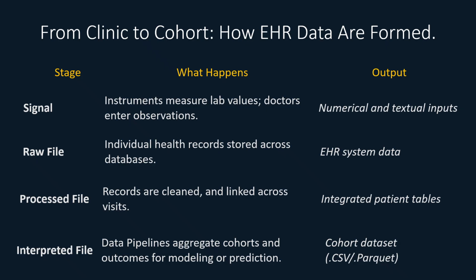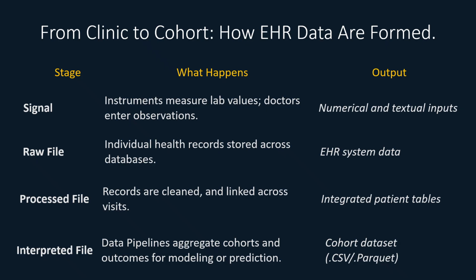For example, requiring complete lab panels preferentially selects sicker patients who interacted much more with the healthcare system. The resulting cohort reflects clinical decision-making patterns, not exactly the underlying population you might want to generalize to.